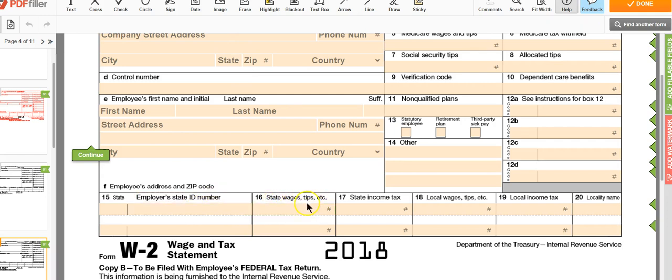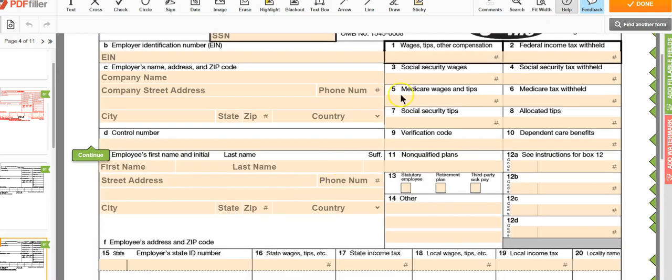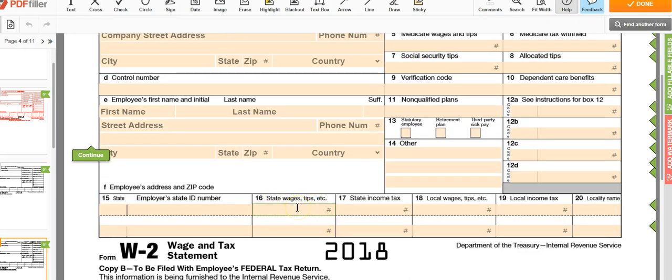Box 16 is your state wages. Again, that's usually the same amount that's in box 1, but sometimes it can be different. As I mentioned, for some people who are working in two states, that's where you're sometimes going to see something different, because part of it is reported on one state line and the other part on another. So just make sure you're checking those numbers and making sure everything adds up.